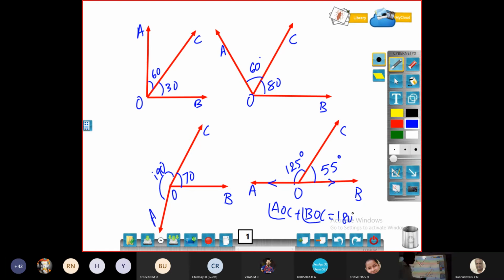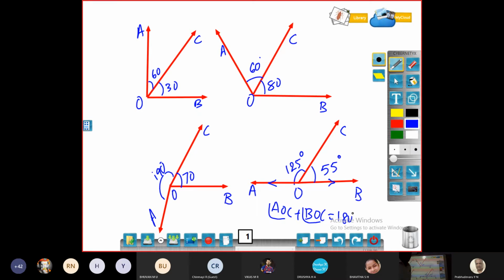What is the common arm? OC is the common arm. So the non-common arms are the opposite rays because the sum of the adjacent angles is 180 degrees. In all the other three diagrams, the adjacent angles do not measure 180 degrees, therefore the non-common arms are not opposite rays. Only the last diagram gives you opposite rays. This is about the axiom.